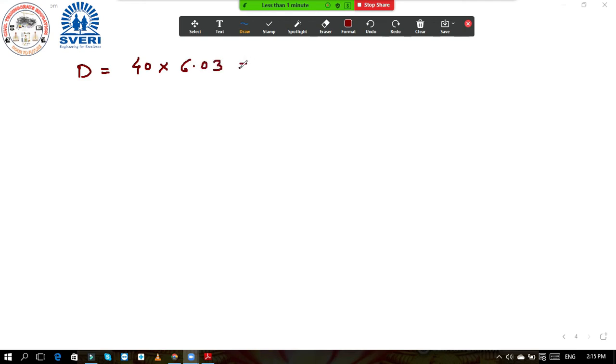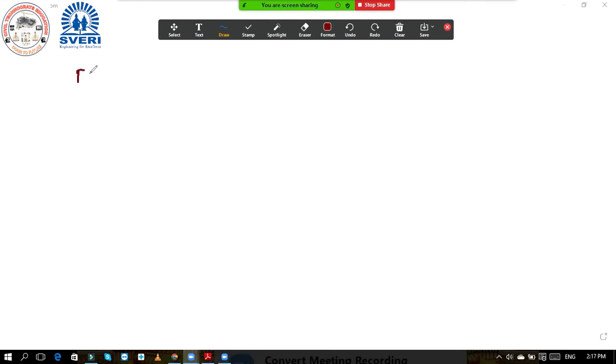So what is the answer? 40 into 6.03. Overall depth D is equal to, we have assumed that it is 40 mm for 1 meter effective span. So now 40 mm, now what is our span? It is 6.03. What is our assumption?